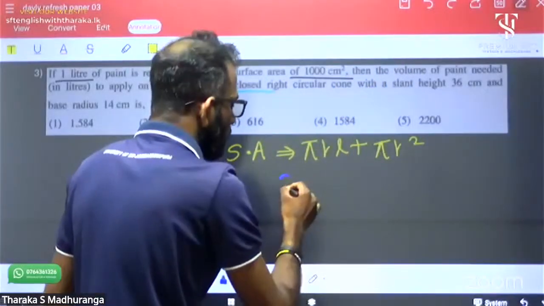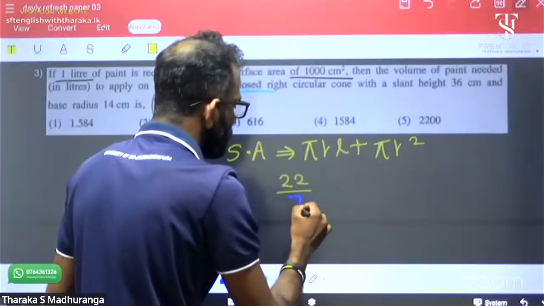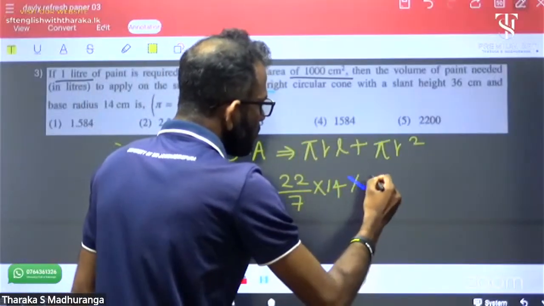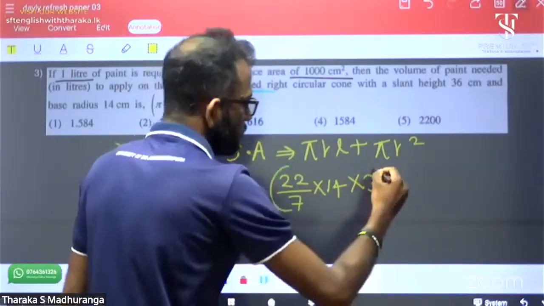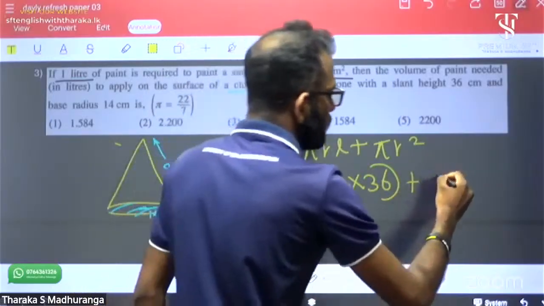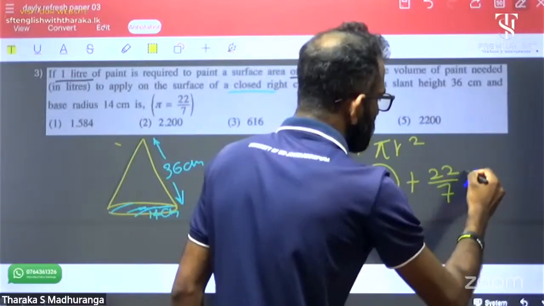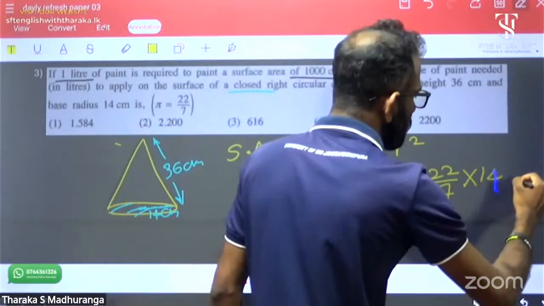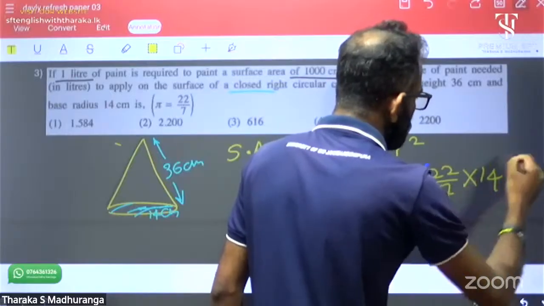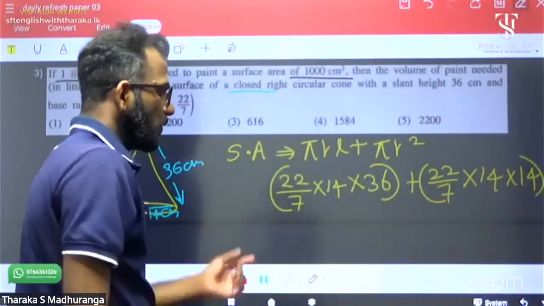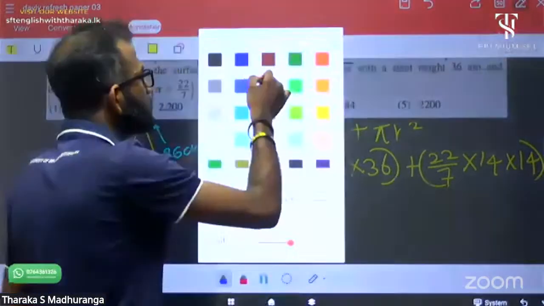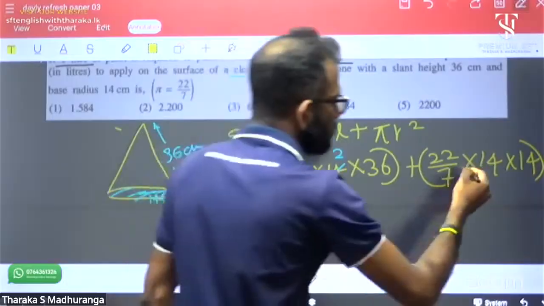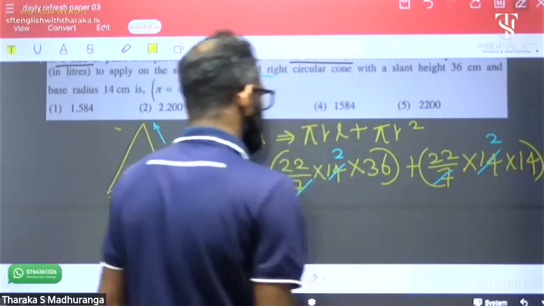The pi value is given as 22 over 7. Let's substitute 22 over 7, radius 14, and 36 is the slant height, plus 22 over 7 times r squared, 14 squared, 14 into 14. Now 7 into 14 cancels out, it is 2.